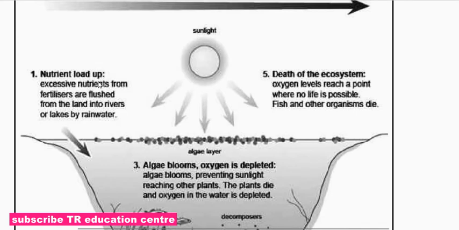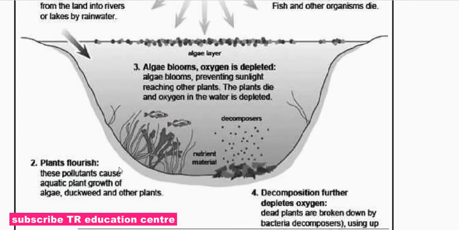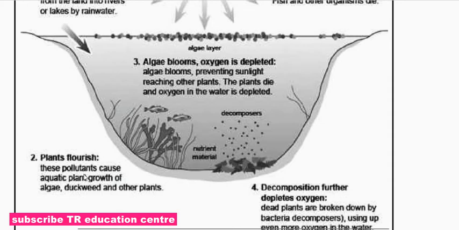Loads of excessive nutrients from the fertilizer are flushed from the land into the river or lake by rainwater. Then second is plants flourish. These pollutants feed aquatic plant growth, such as algae, duckweeds and other plants. Next, algae blooms. Oxygen is depleted.